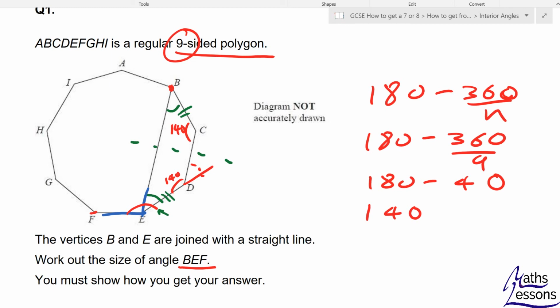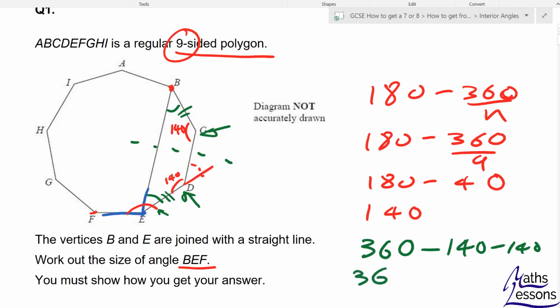The interior angle sum of this shape, if I take this shape here, here, here, here, is a quadrilateral, and the interior angle sum of that is 360. So my green angles will be 360 minus 140 minus the other 140. I've got 140 here and 140 here, so 360 minus 280.